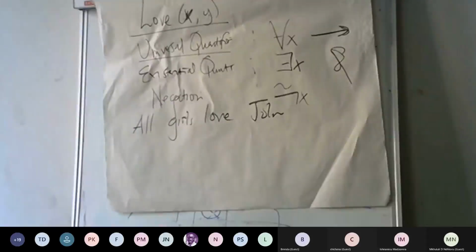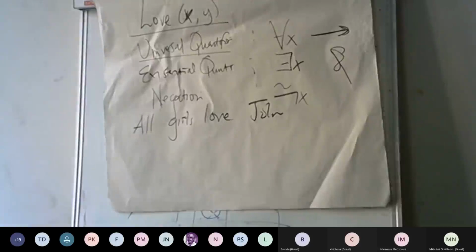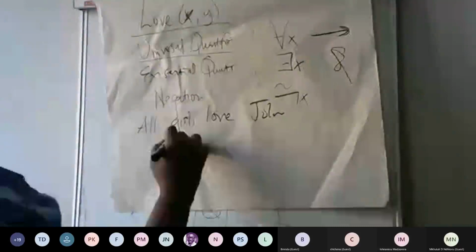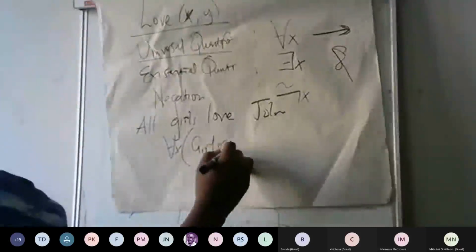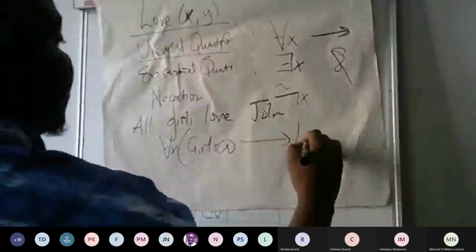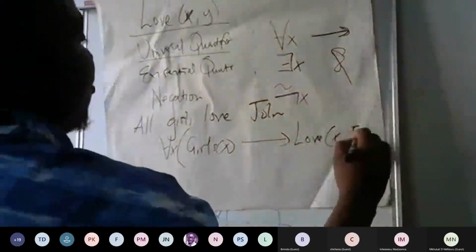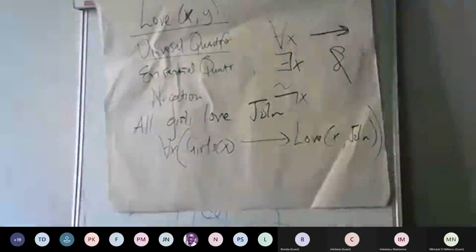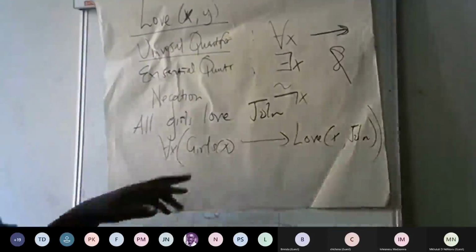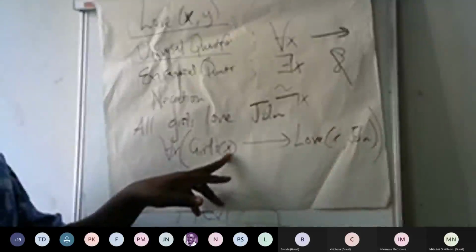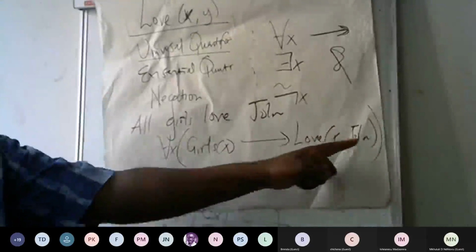So I can now say, for all girls, X implies there's a love of X on John. What I'm saying is for all girls of X, we have a universal set. It implies that you love X of John.